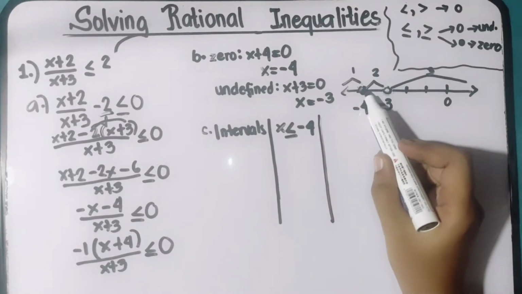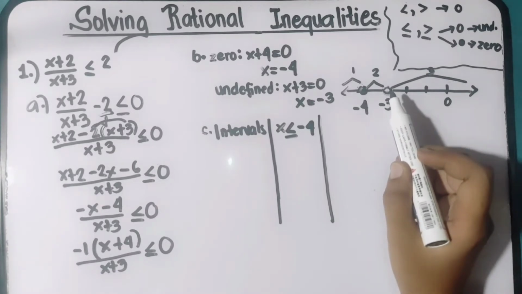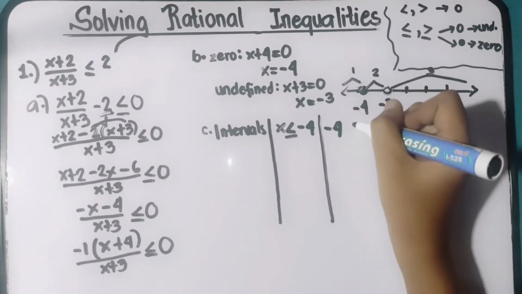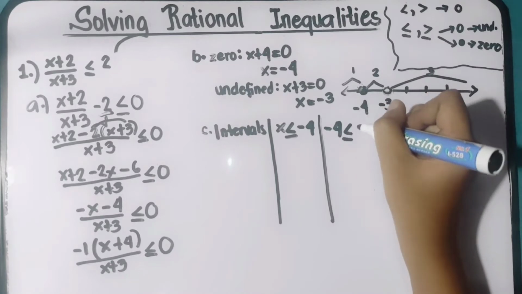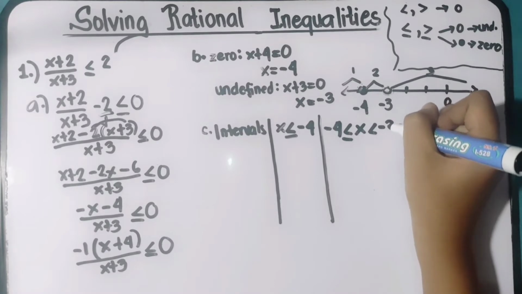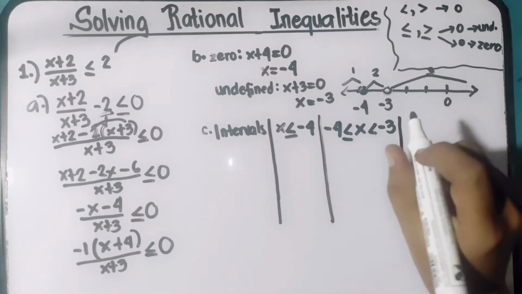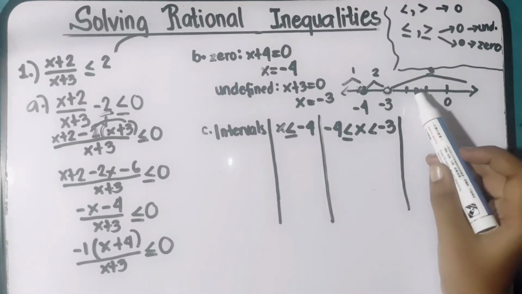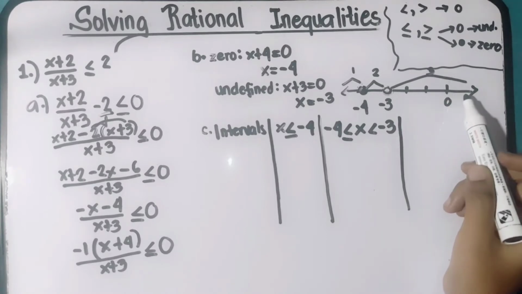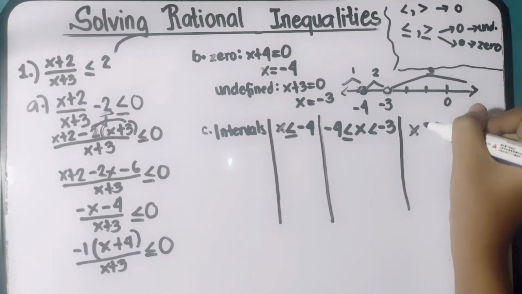Next is this area between -4 and -3. So our interval is -4 ≤ x and x < -3. Next interval is this area. The values in this area are greater than -3.